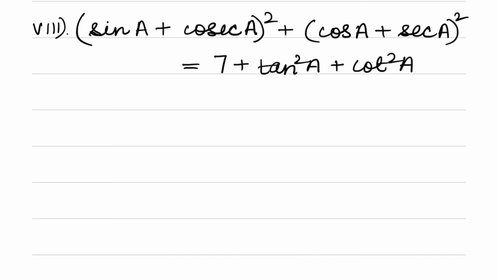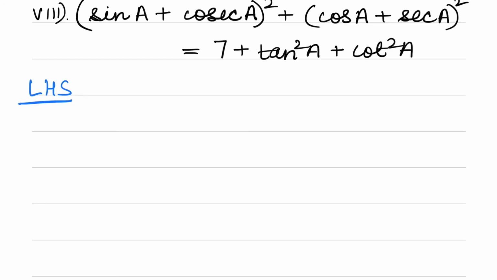Now let's move to the 8th part. It says sin a plus cosec a whole square plus cos a plus sec a whole square is equal to 7 plus tan square a plus cot square a. So let's again work on the left hand side. Now sin a plus cosec a whole square, so a plus b whole square.